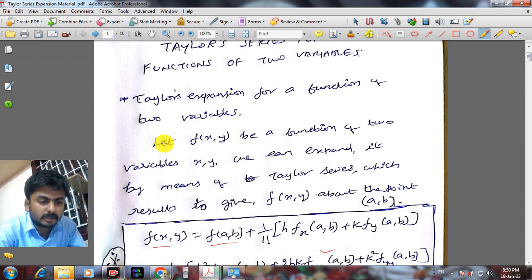I am defining: f of x comma y be a function of two variables. What are those two variables? X and y are those two variables. So we can expand it by means of Taylor series.